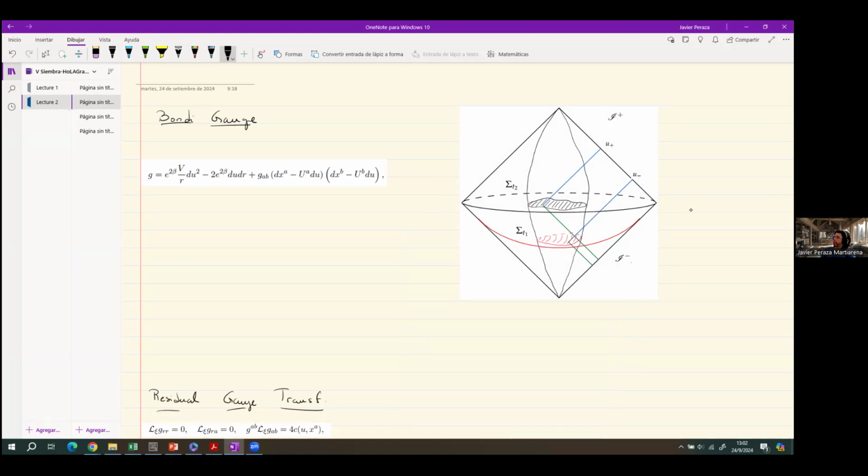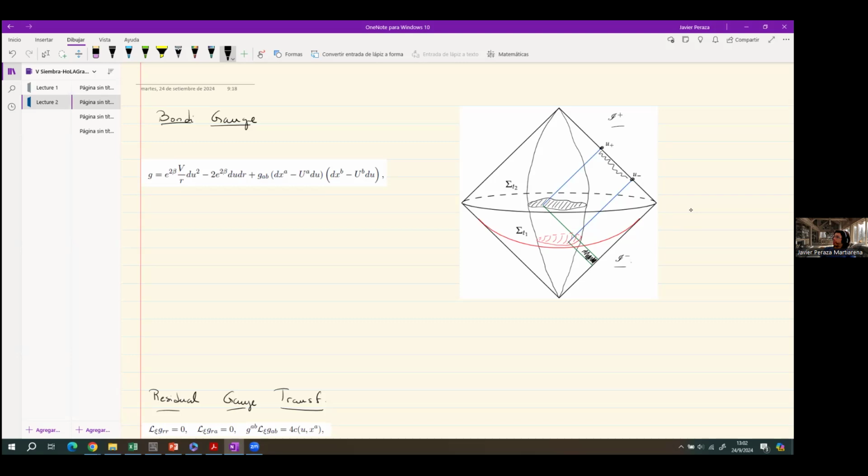If we have some incoming radiation, these green lines, it will interact with the matter content and then be scattered to scri plus. So it comes from past null infinity to future null infinity, and some observers there will read all the radiation that is incoming to them.